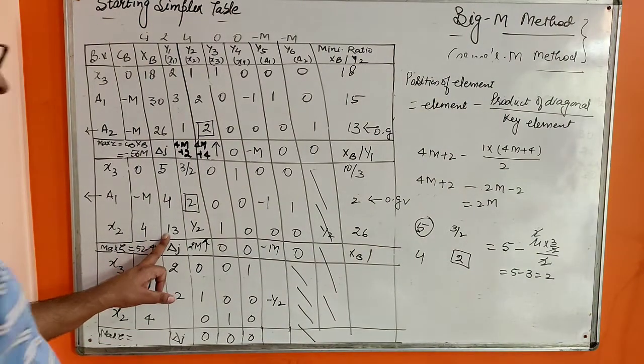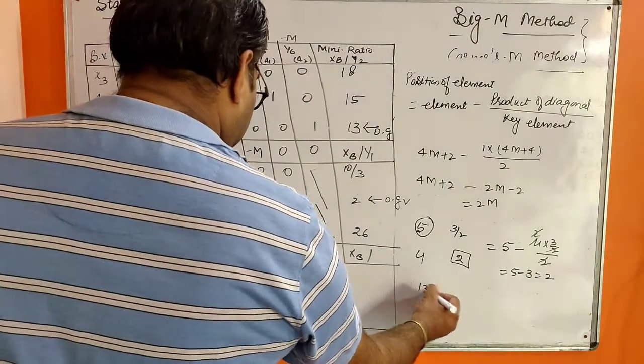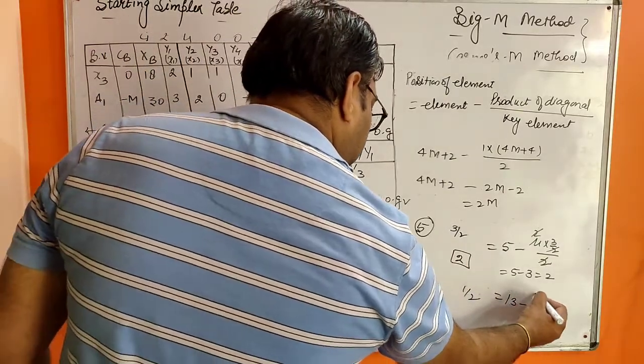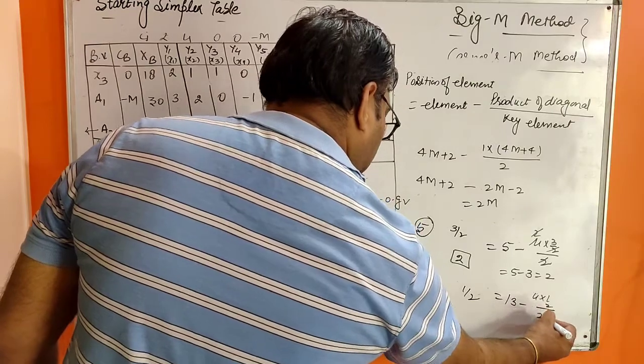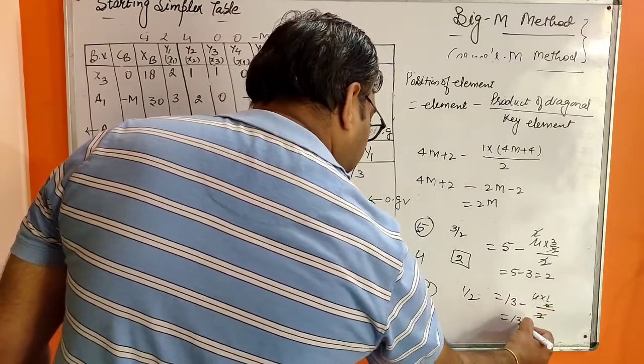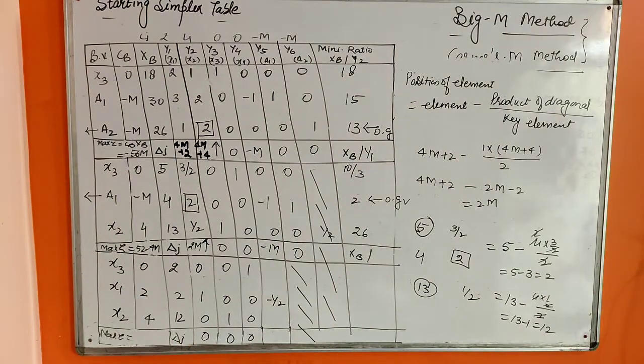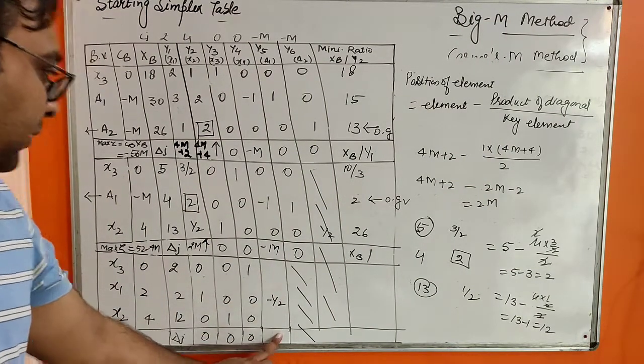Similarly, for this particular element, 13, 1 by 2, 2 and 4. So 13 minus 4 into 1 by 2 upon 2. So 13 minus 1, that is 12. Now find all these three elements also.